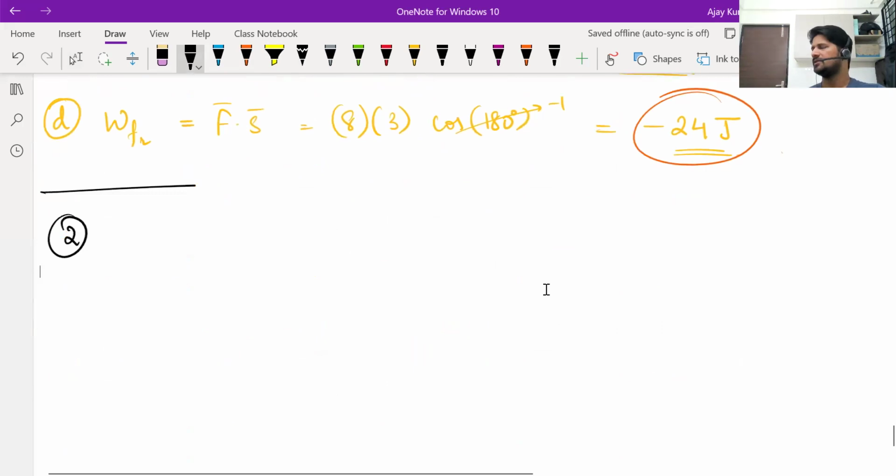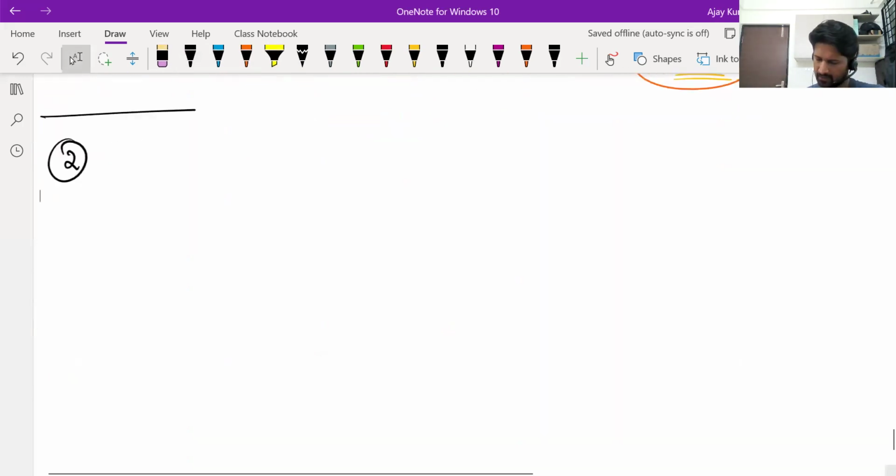Let's consider another situation. Sliding down an incline. I think you all can manage that.